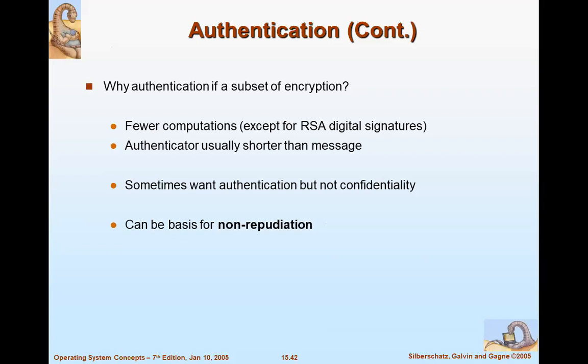Sometimes it is the system requirement as well, that they want to ensure that the user is authentic, and once he shows that he is an authentic user, then the system gives him full access. And later on they don't care about what he is doing or what is the requirement. Similarly, it can be based for non-repudiation as well.